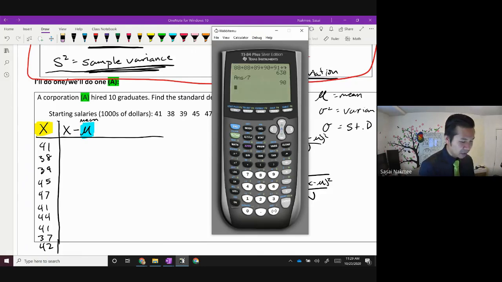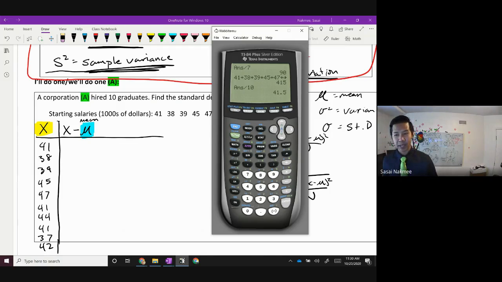So I'm going to sum these numbers up and divide by 10 to see what is the average salary of corporation A. So I have here 41 plus 38 plus 39 plus 45 plus 47 plus 41 plus 44 plus 41 plus 37 plus 42. I get 415. I'm going to divide that by 10 because there's 10 numbers involved. My mean for this problem is 41.5.